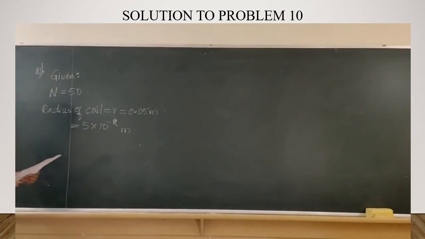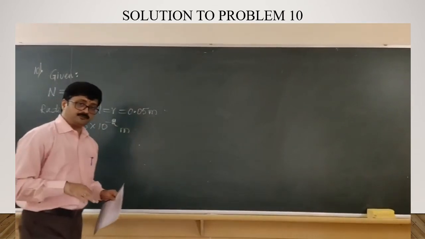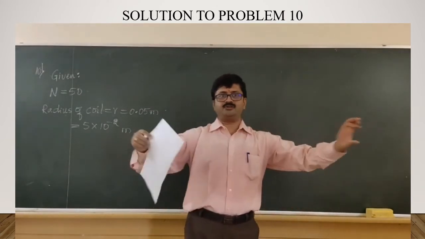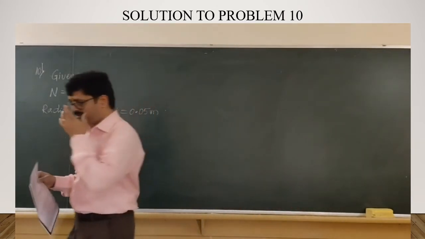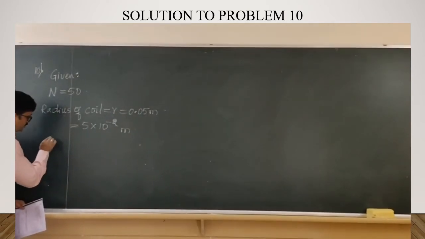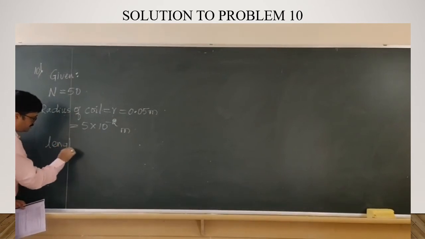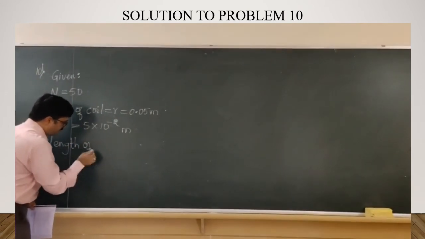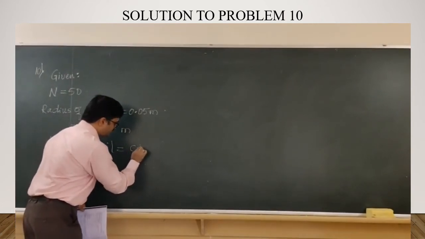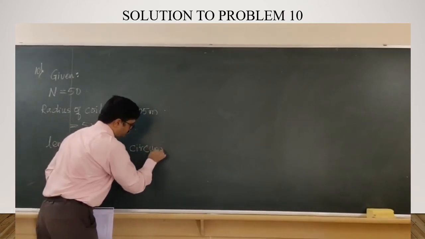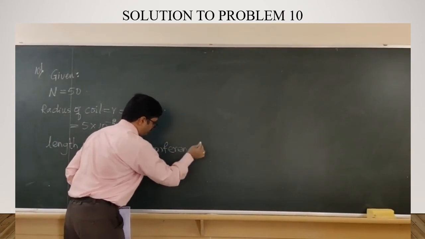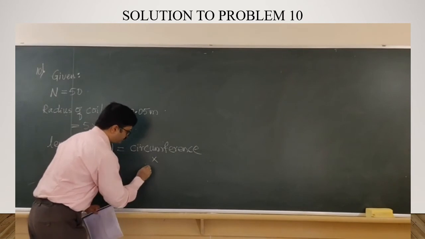Then we will find the circumference first. Once we find the circumference, we will find the length of the coil using this circumference. Length of the coil is equal to circumference multiplied by number of turns.